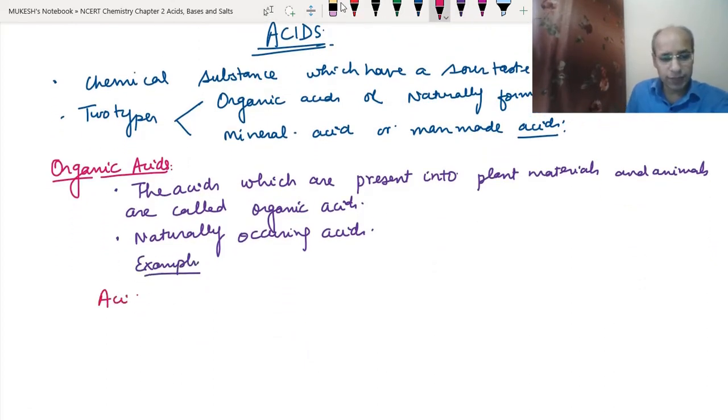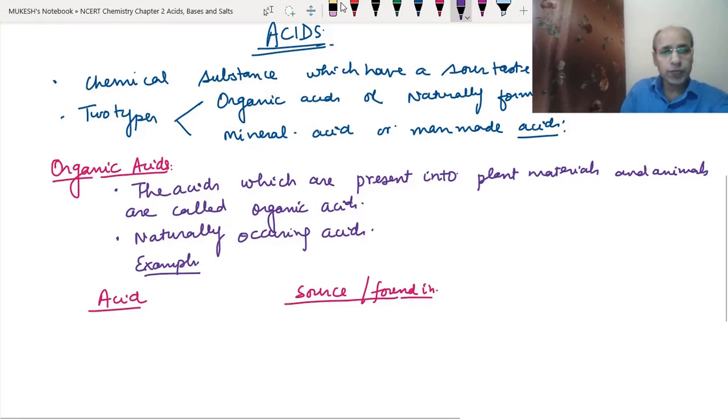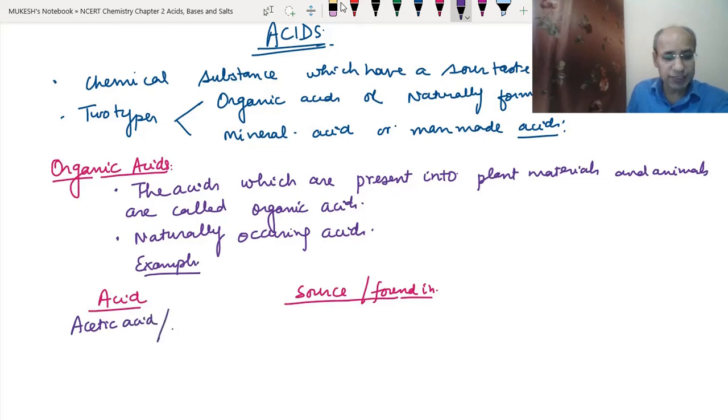This is the acid we can write, and this is the source we can write on the right side. Most of us use vinegar in our home, and vinegar is basically acetic acid. The common name is acetic acid, and the scientific name is ethanoic acid. It is found in vinegar.